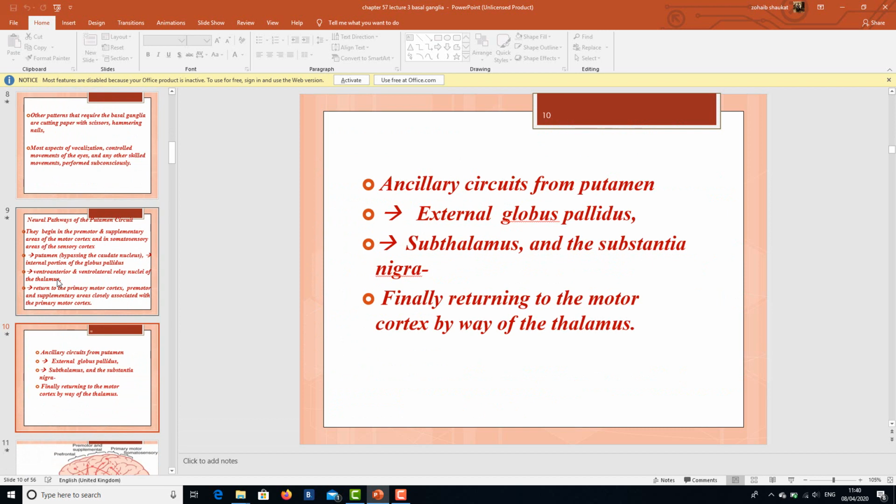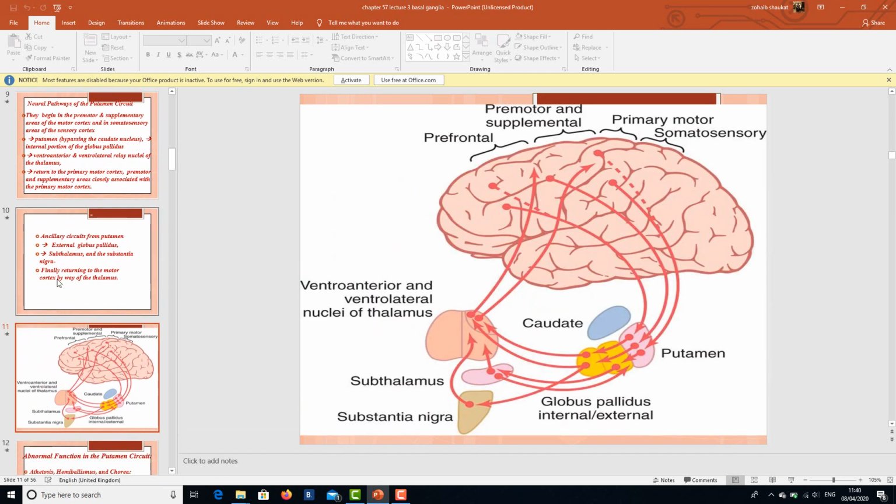Ancillary circuits go from the putamen to the external globus pallidus, subthalamus, and the substantia nigra, and finally return to the motor cortex by way of the thalamus. You can see the putamen circuitry.